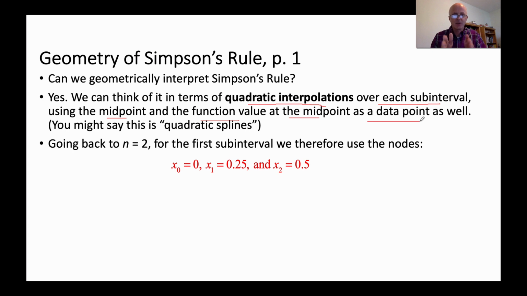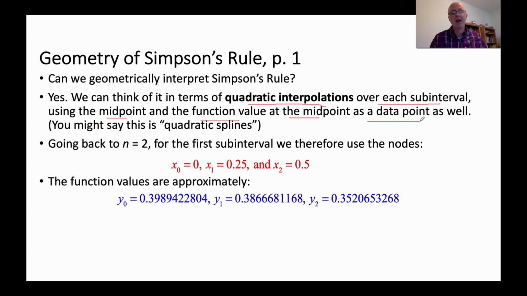We're focused on that first subinterval of the original partition. What are the function values at these 3 points? You can double check, plugging them back into f, our standard normal curve function. Again, that's 1 over square root of 2 pi e to the negative x squared over 2. You can double check that you get these numbers. F of 0 is about that, f of 0.25 is about that, and f of 0.5 is about that.